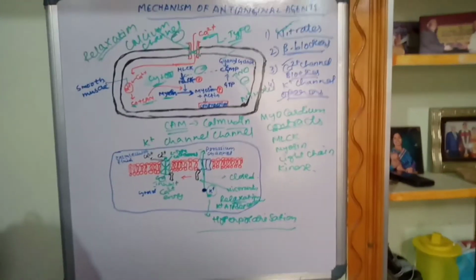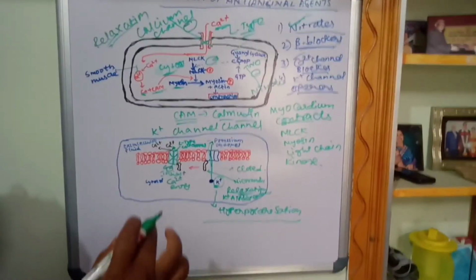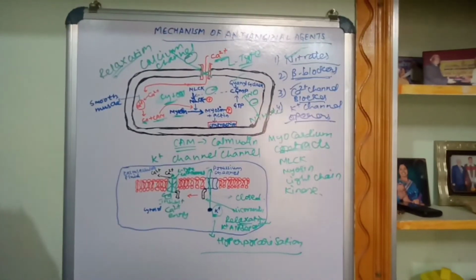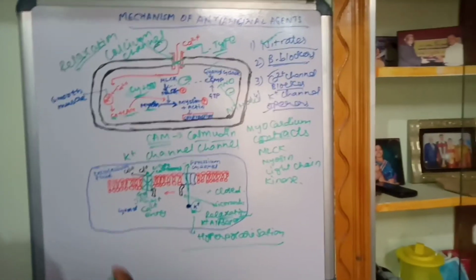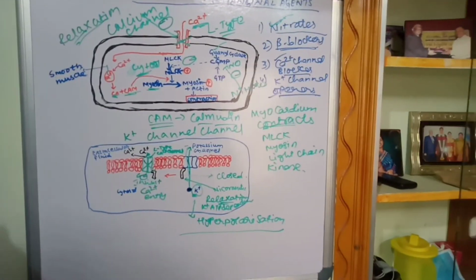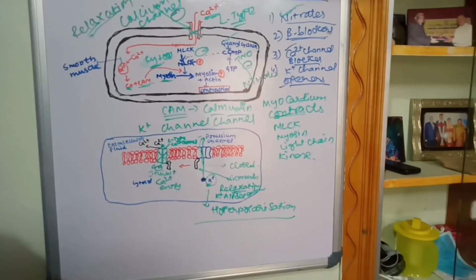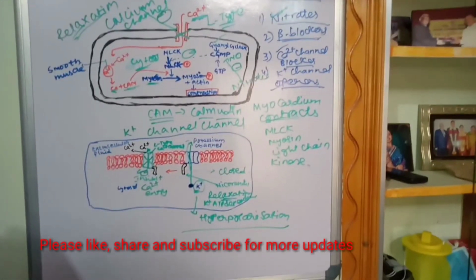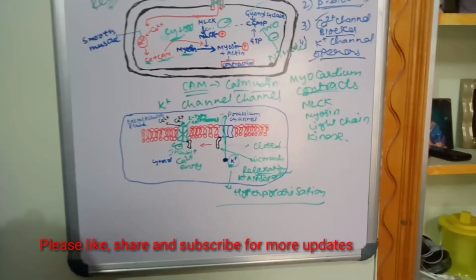Contraction also takes place because potassium ion is in the cytosol. So potassium must go outside, whereas calcium entry must be inhibited. If you inhibit this mechanism, nitrates, calcium channel blockers and potassium channel openers act by this particular mechanism.